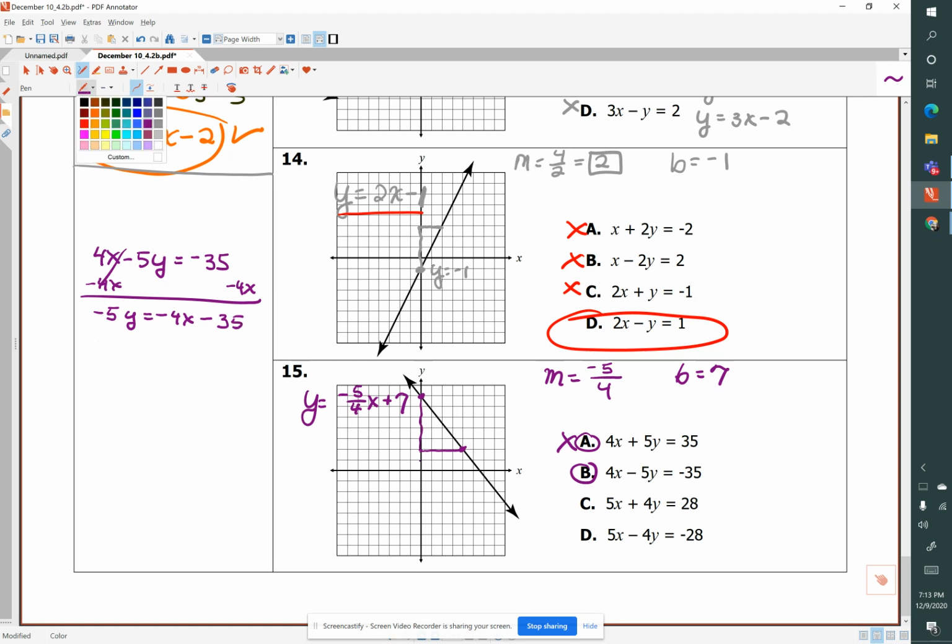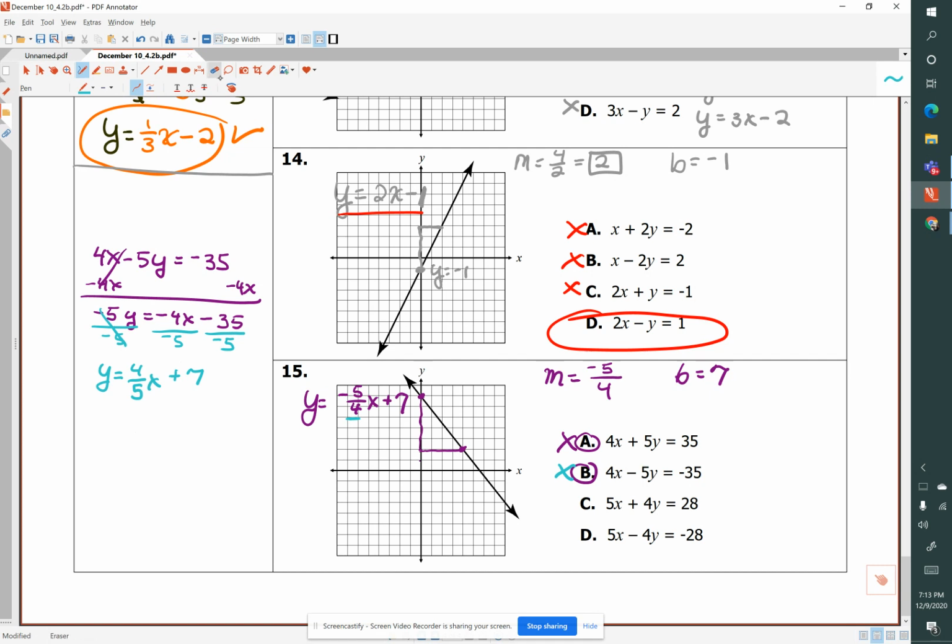Now we need to divide everything by negative 5. Which will leave us with y isolated equals negative 4 divided by negative 5 makes that positive. Negative 35 divided by 5 is positive 7, and we need negative 5 over 4. So B does not work for us.